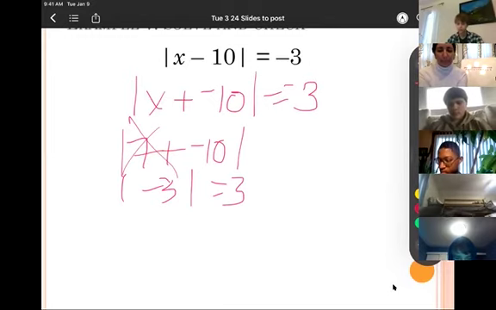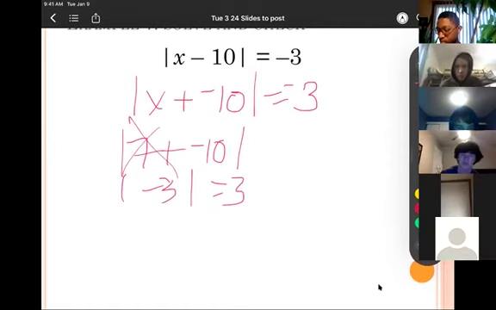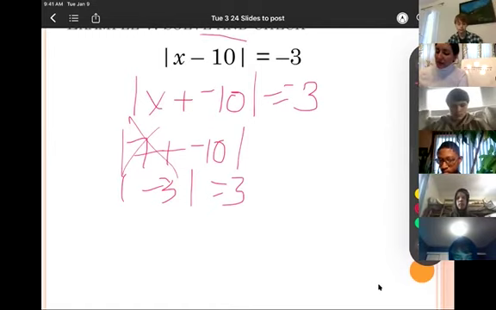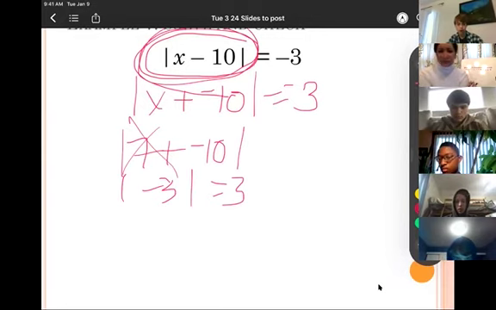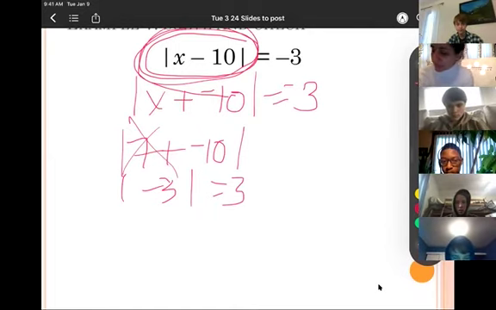Whatever comes out of these absolute value bars has to equal -3. But all absolute value is positive, so there's no solution. So it is no solution.